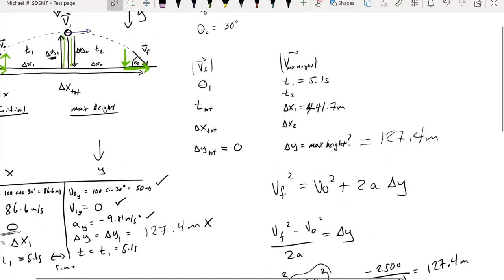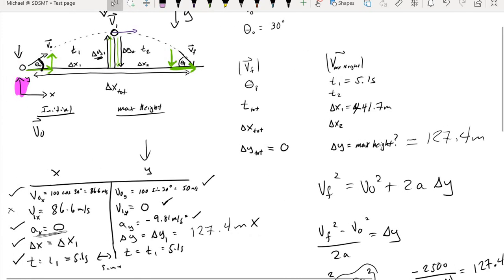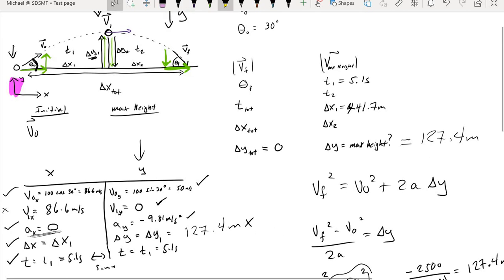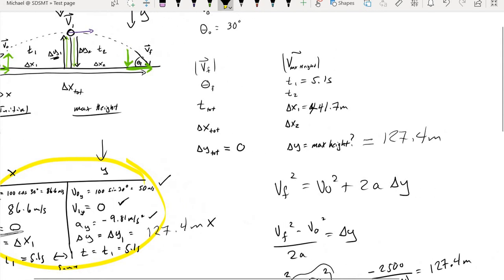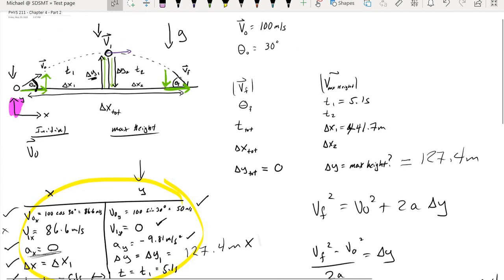All right, so that looks like about a third of all of the values that we were asked to solve for. And so now that we've essentially filled in this entire table of information, what we need to do now is set up a new physics problem.